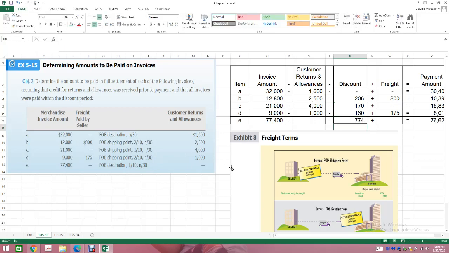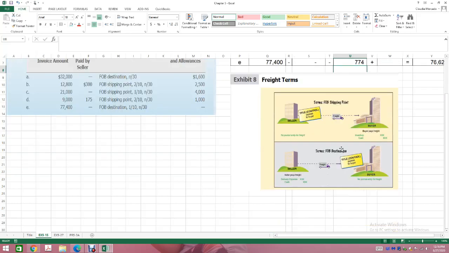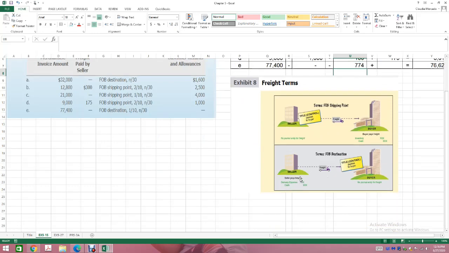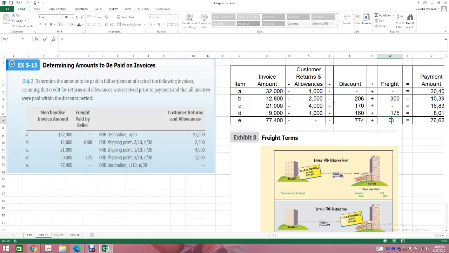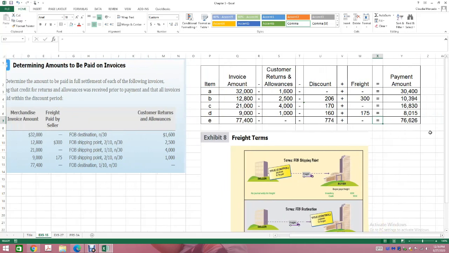And that will give me a discount of $774. And it's FOB destination. FOB destination, the seller pays for the freight, so we don't have to worry about it. So my freight is 0. So the amount that I have to pay on my invoice is $76,626.